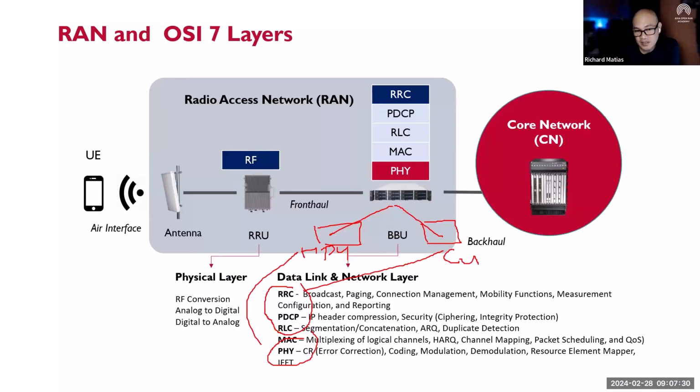And for us to support that requirement, our architecture or our network must be flexible as well. That's why the separation of the hardware was proposed by 3GPP. And once we have separated the hardware, we can also flexibly define which protocol it can handle.